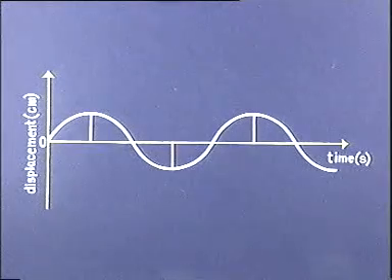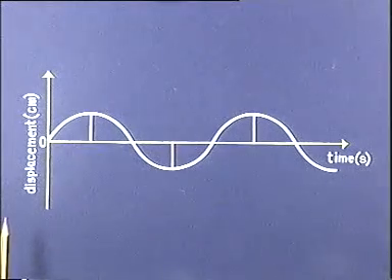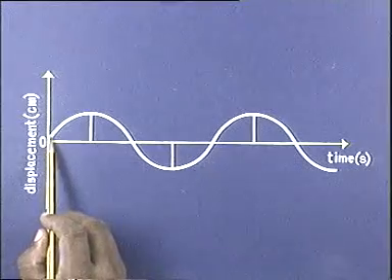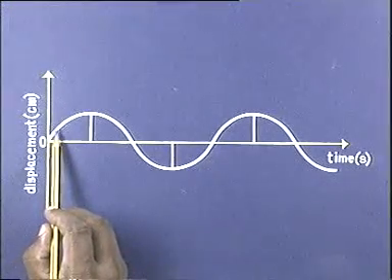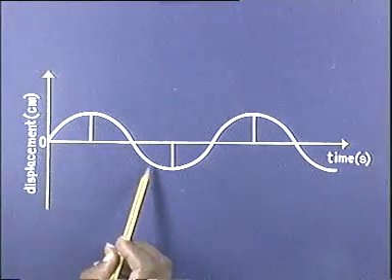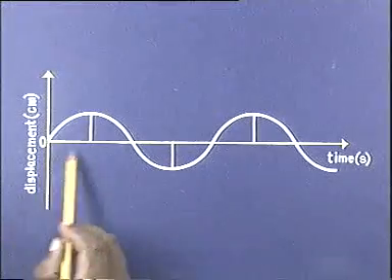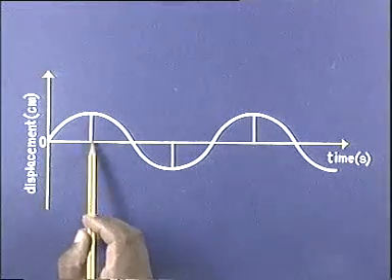Now let us concentrate on individual oscillators. Is their motion simple harmonic? The hallmark of simple harmonic motion is a sinusoidal displacement time graph of constant amplitude.